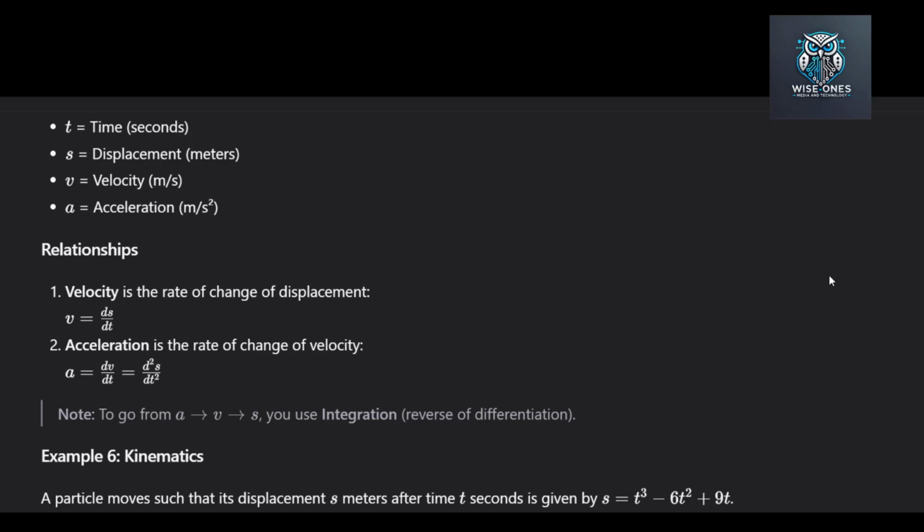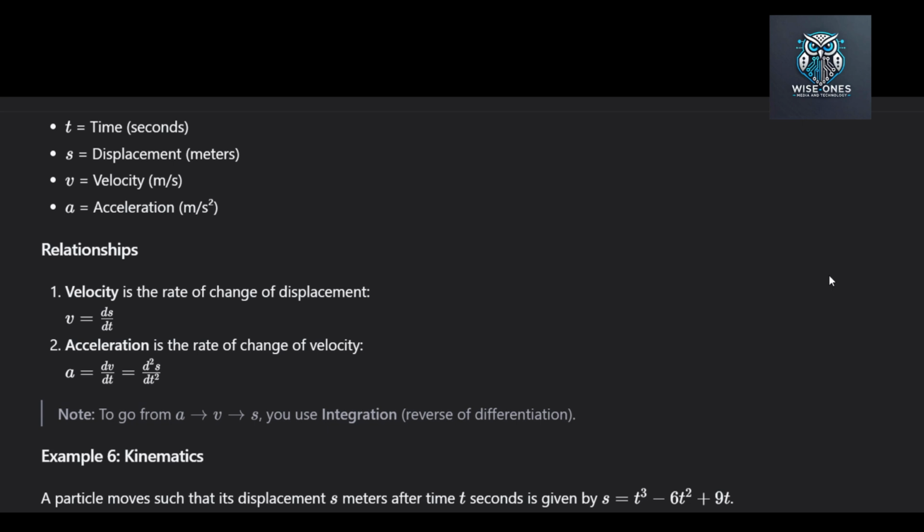You differentiate velocity to get acceleration. Also, a equals d squared s/dt squared. You differentiate displacement twice to get acceleration. Note, to go from a to v to s, you use integration, which is the reverse of differentiation. But for now, we focus on differentiation.